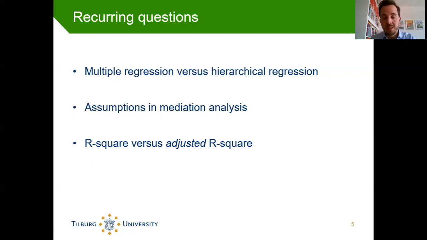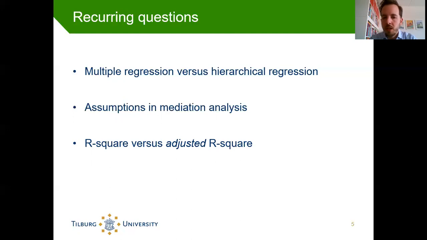Well, here actually people do different things. Some people prefer to report this R square measure. Other researchers prefer to report the adjusted R square measure. In principle, you can report either of them, as long as you mention which one you are reporting. The adjusted R square is a bit more conservative.